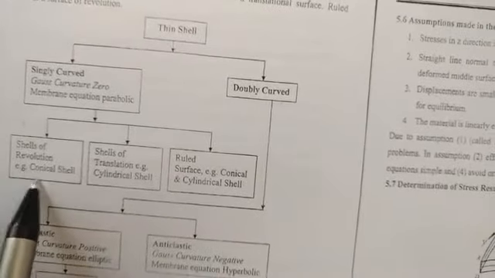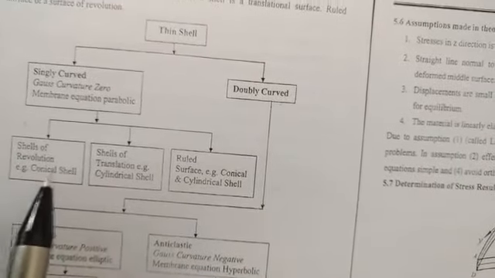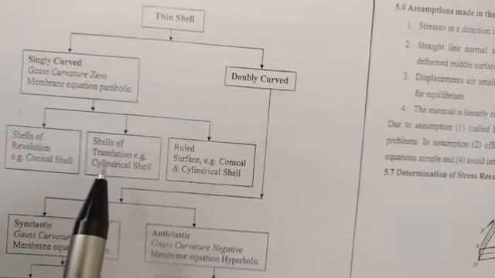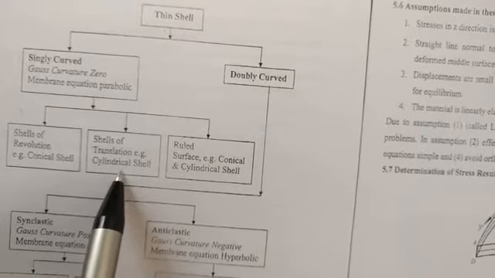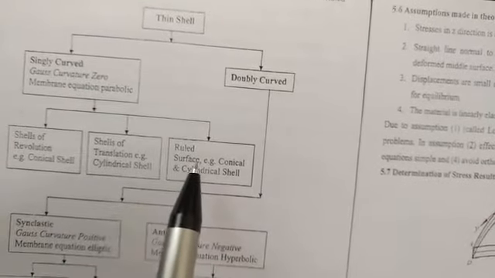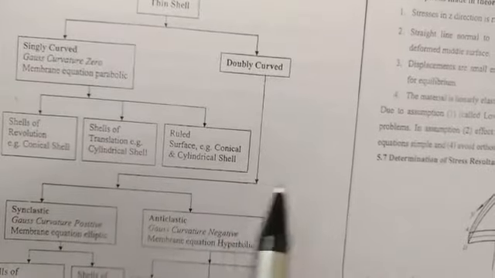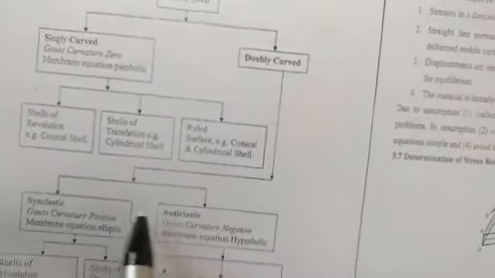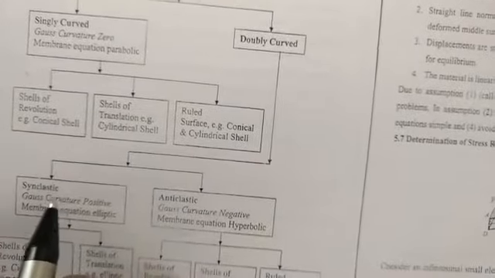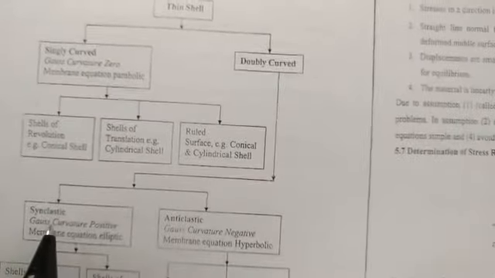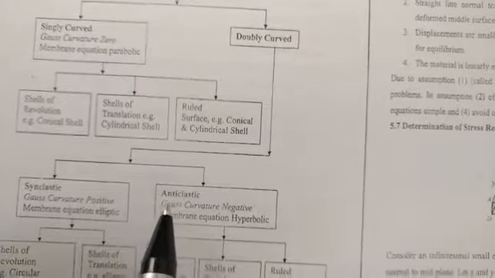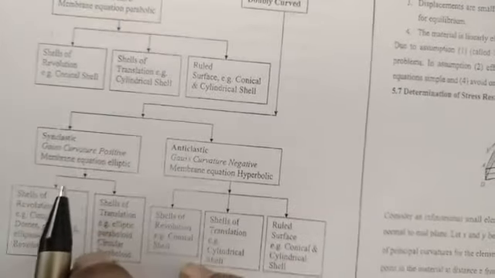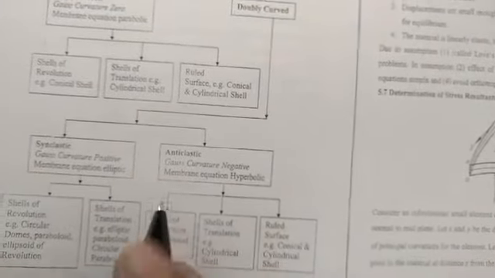Shells of revolution can be conical shells, or the second type for which the example is cylindrical shell, and for the third type the example is conical and cylindrical shell. Again, these doubly curved shells are divided in two types, that are synclastic and anticlastic.